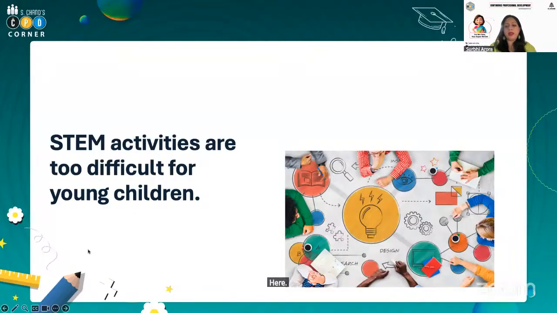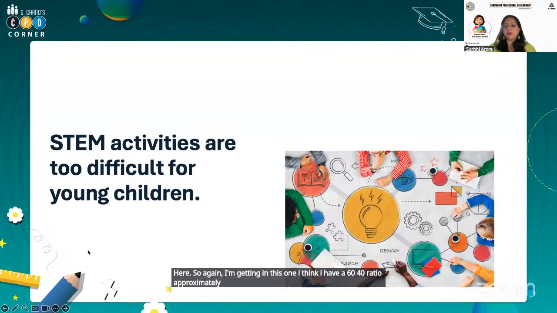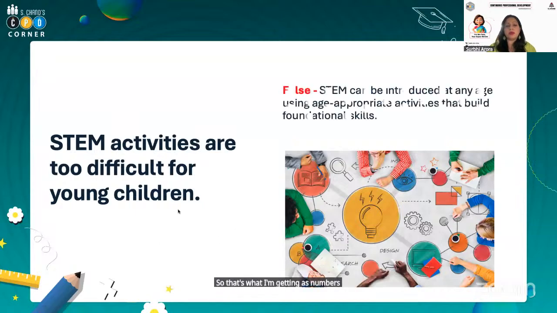So again, I think I have a 60-40 ratio approximately, if my eyes are calculating the numbers pretty fast. So almost 60% of teachers are saying that the statement is false and 40% are saying that it's true. So that's what I'm getting as numbers. Now let's talk about what I have to say.